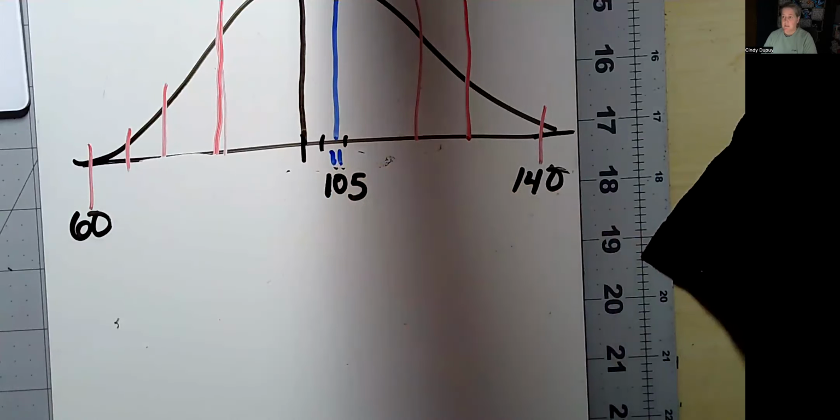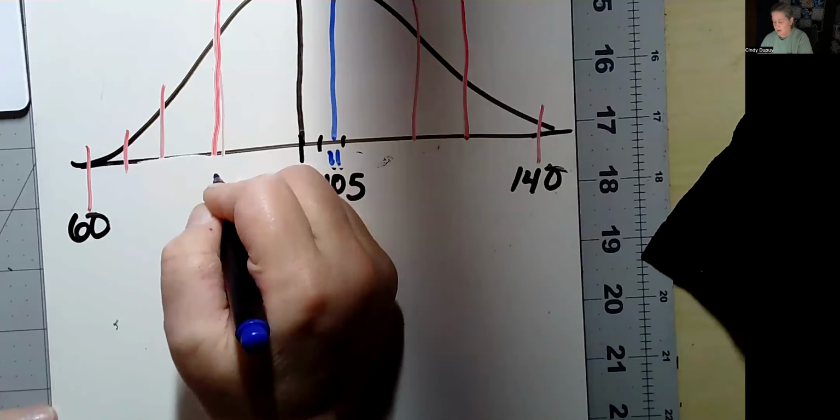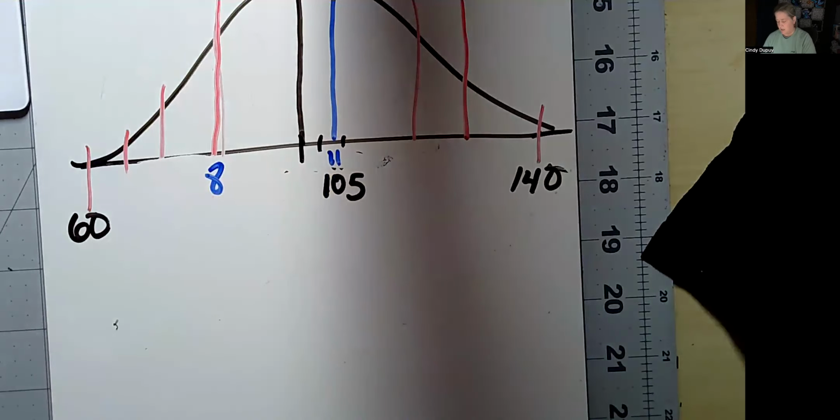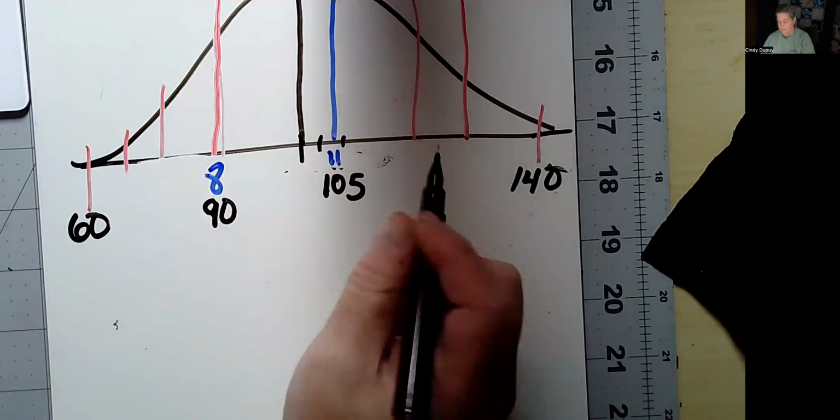Okay. Similarly, we could have a scaled score of 8, which would be a standard score of 90.